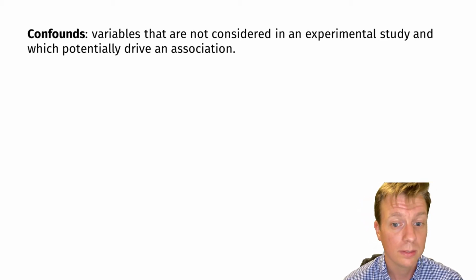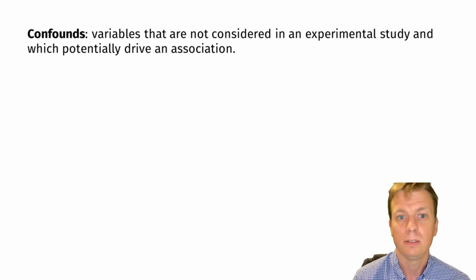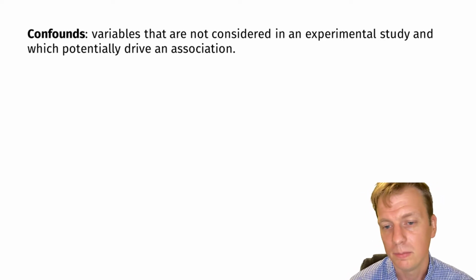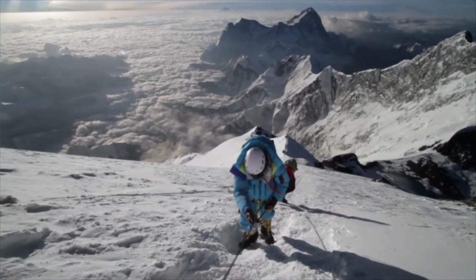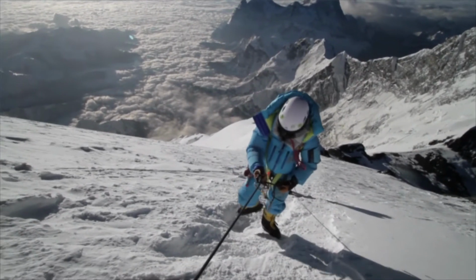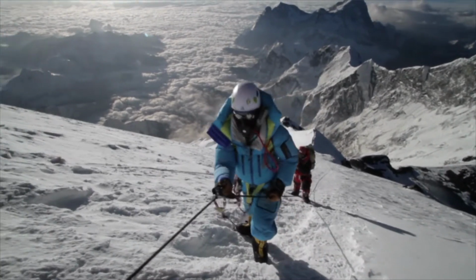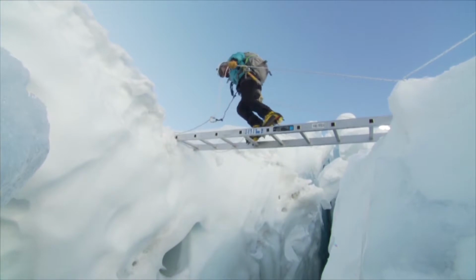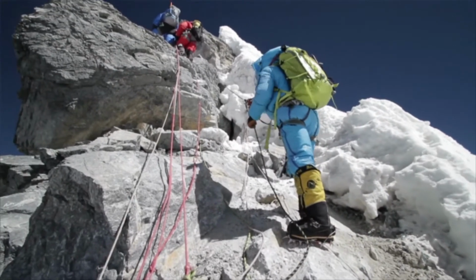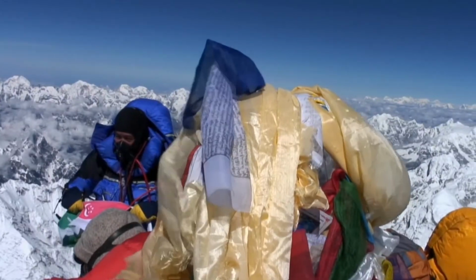Your book uses the example of high-altitude mountain climbers as a confounding variable. Between 1978 and 1999, 40 out of 1,173 climbers on Mount Everest or K2 died. Huey and Eguskitza found that the use of supplemental oxygen increased mortality risk over those that did not use supplemental oxygen.